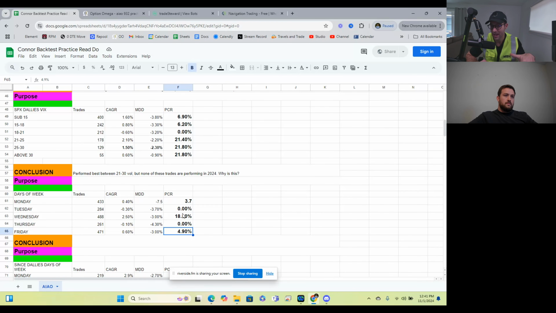When the VIX opens down, what's our result? And if those show that it loses money when the VIX is down and it still has a 20 to 25% premium capture when the VIX is up, all of a sudden we know it's not the days of the week, it's about the VIX. And it just so happens that on those days of the week, the VIX normally opens down.